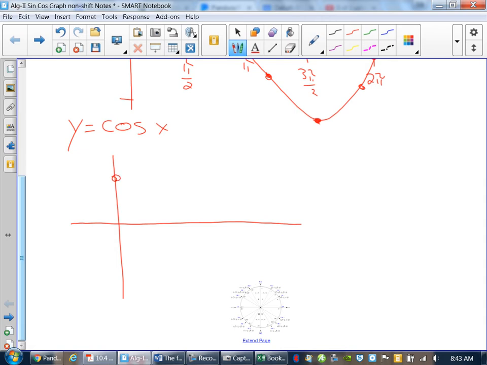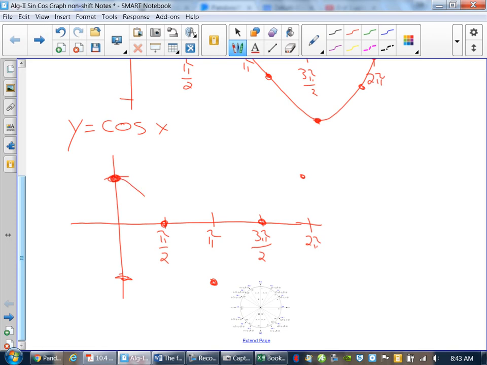At 0, it's 1. Pi over 2, it's 0. At pi, it's at negative 1. 3 pi over 2, it's back to 0. And then at 2 pi, it goes back to 1.